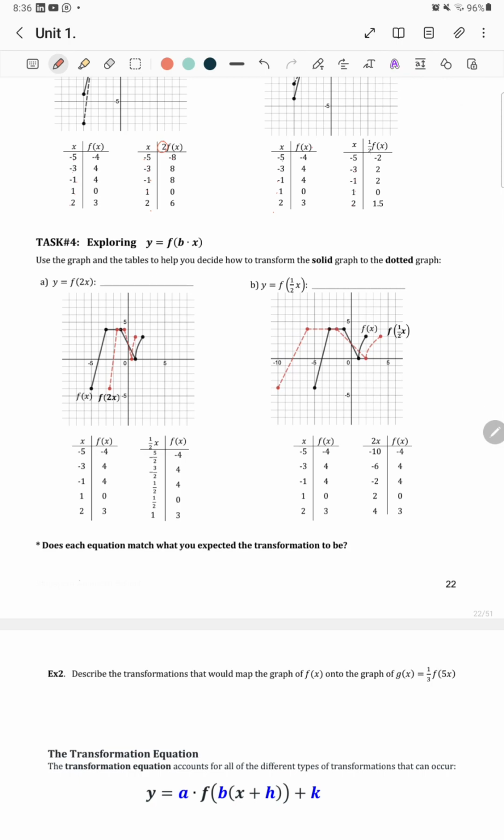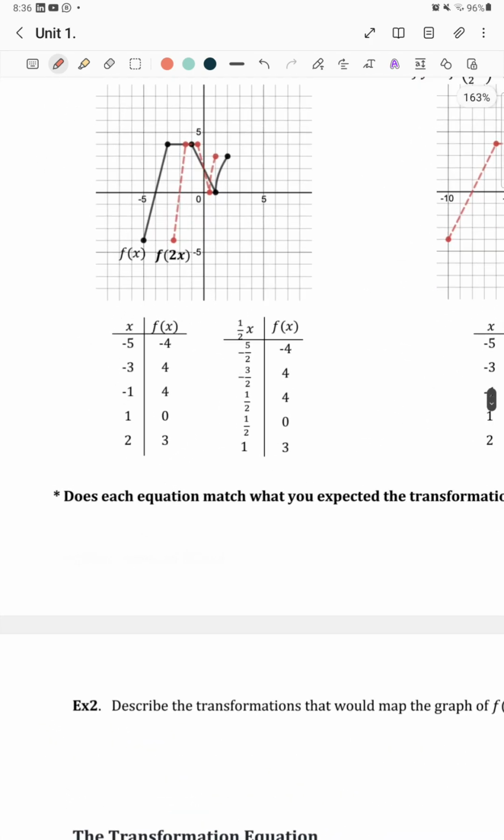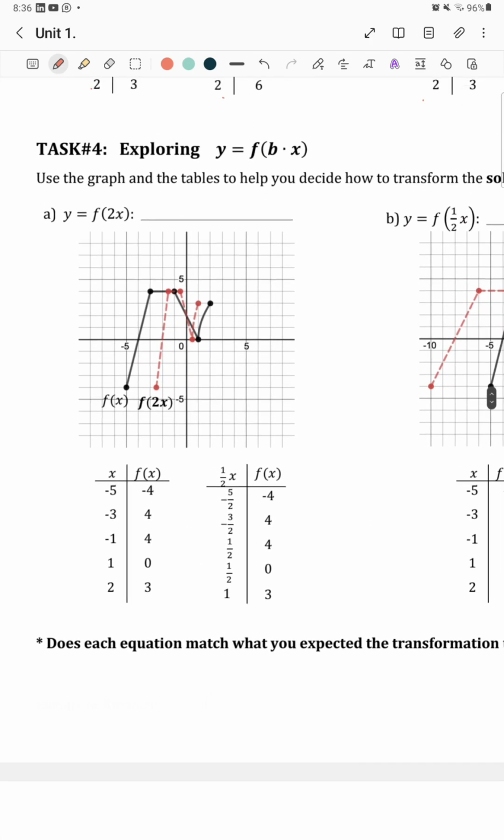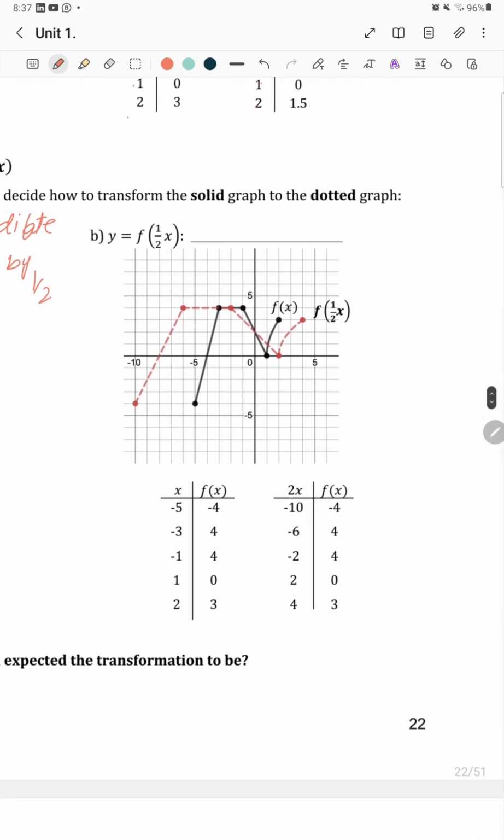You have to decide how to transform the solid graph to the dotted graph. Okay, again the same thing. Now horizontally dilate by 1 by 2. Okay, and here horizontally dilate by 2.